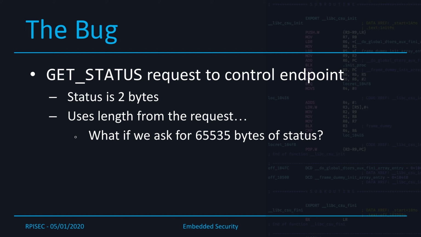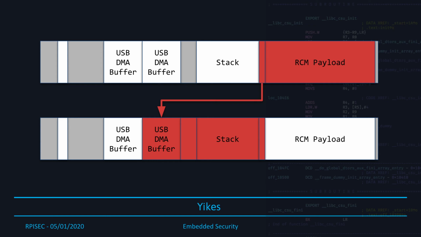So even though the status is 2 bytes, if we asked for, say, 16 bytes or 65,535 bytes of the status, what does it do? It's going to copy onto the USB DMA buffer as much memory as you asked for. And then the USB DMA buffer is theoretically going to be sending that data back over the wire.